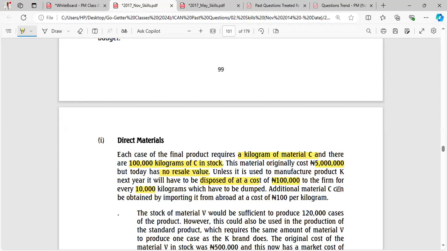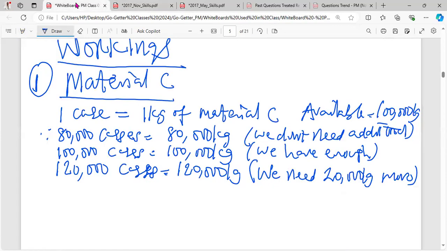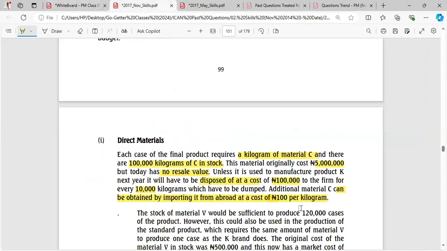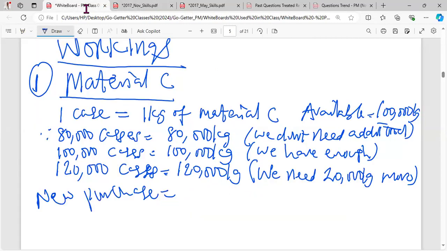Additional materials C can be obtained by importing it from abroad at a cost of 100 naira per kilogram. So I will come here. Let's address this new purchase. New purchase is 100 naira per kilogram.